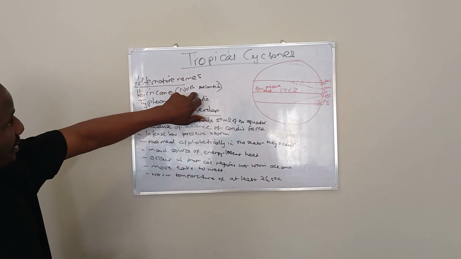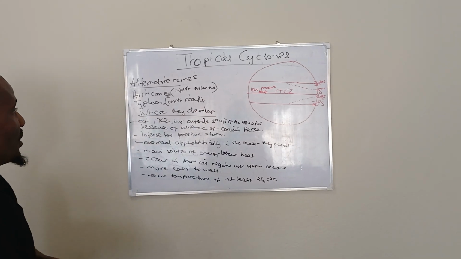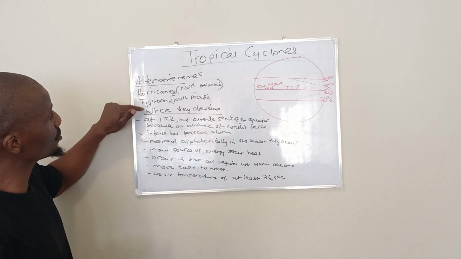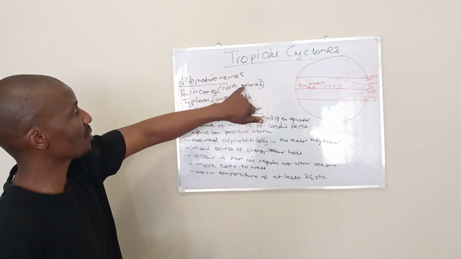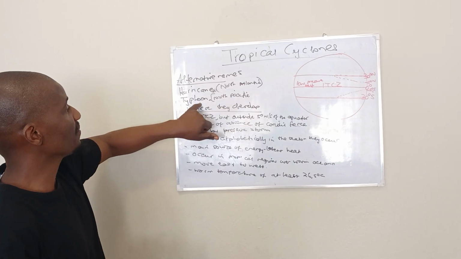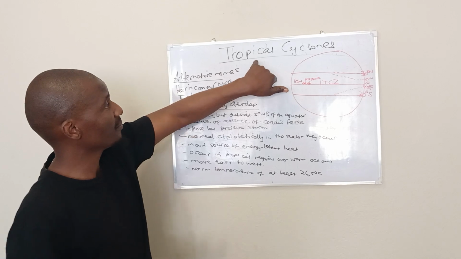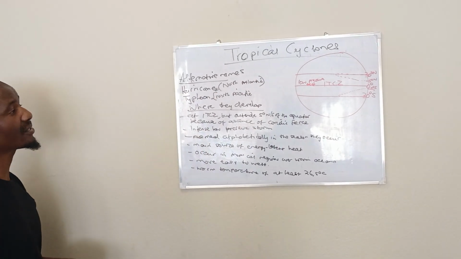In the North Pacific, part of Asia, they are known as typhoons. I think you need also to be aware of these two terms. These are the alternative names for tropical cyclones, especially in the North Atlantic, the hurricane, and the North Pacific, the typhoons. Where we are now, we are calling them tropical cyclones, especially in our southern hemisphere.